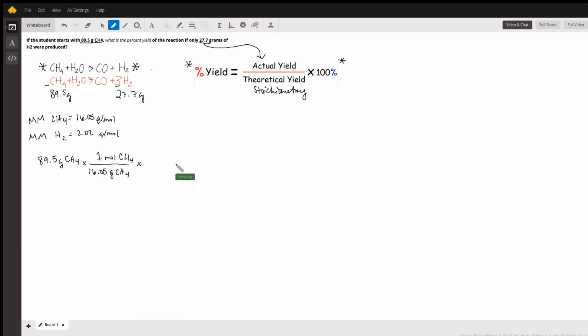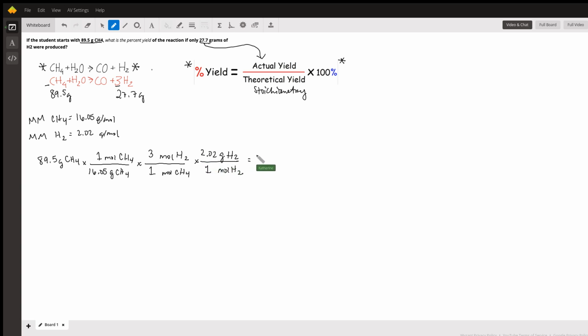That lets us convert to moles of methane. And we can go from moles of methane to moles of our unknown, which is hydrogen gas, using the coefficients from the balanced equation. And then our last step would be to go from moles of hydrogen gas to grams of hydrogen gas, because we need our number to be in grams, using the molar mass, that's 2.02.